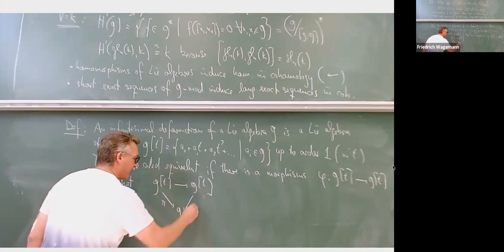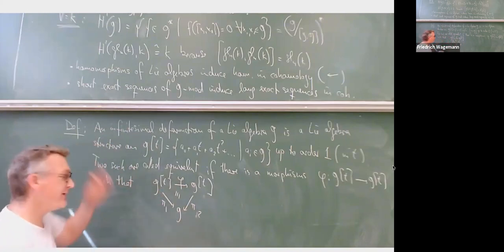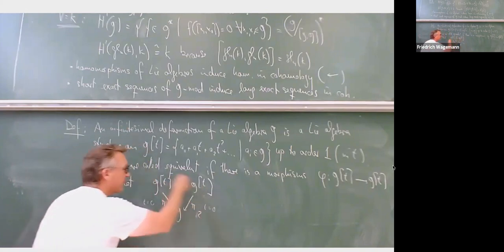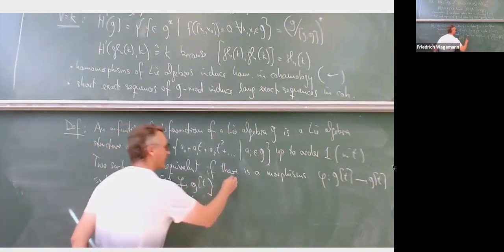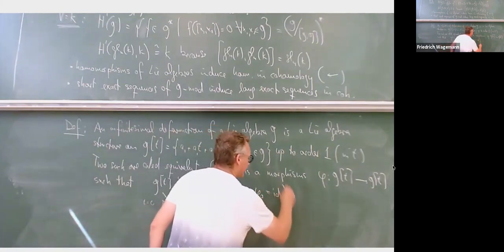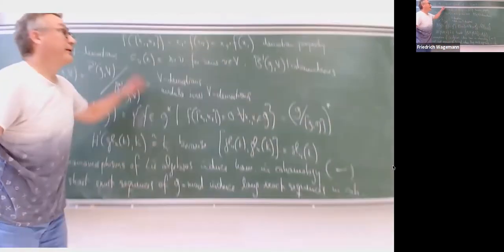Here we have the evaluation at t equal to 0, and this must commute. So this implies, in fact, that phi_0 is the identity.